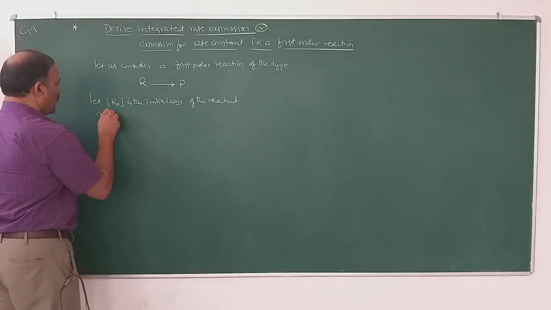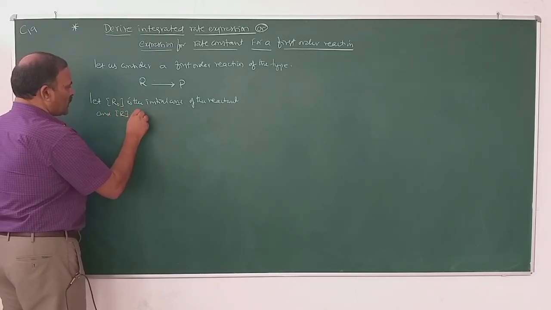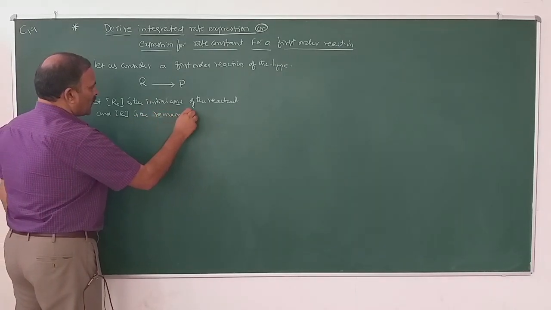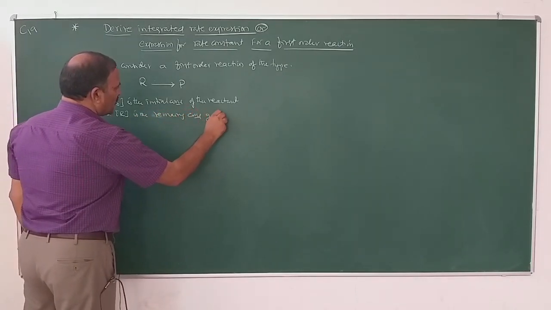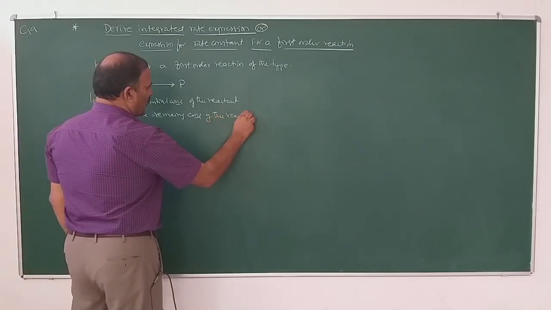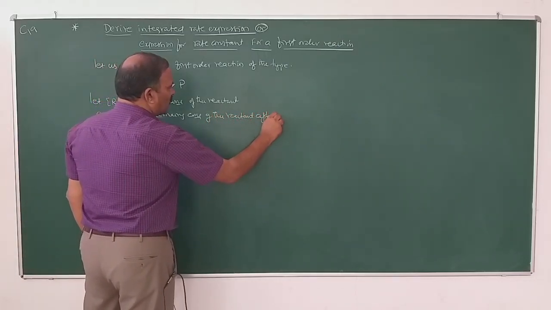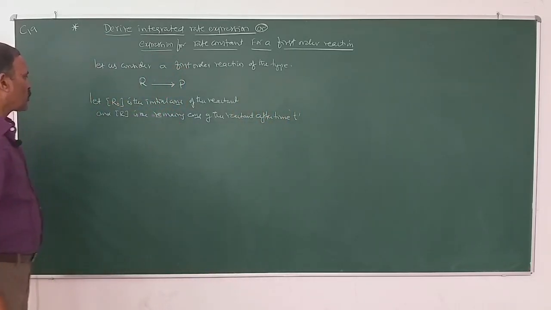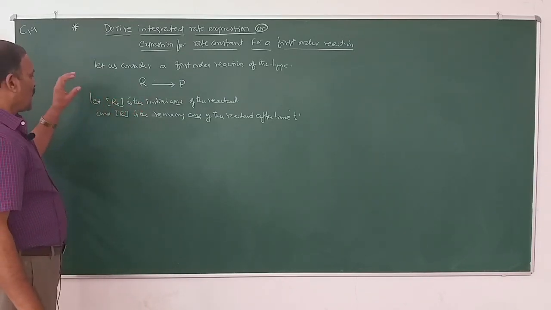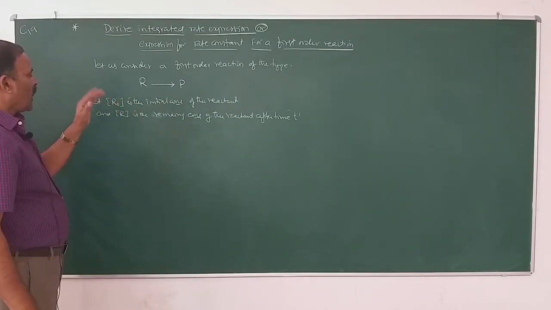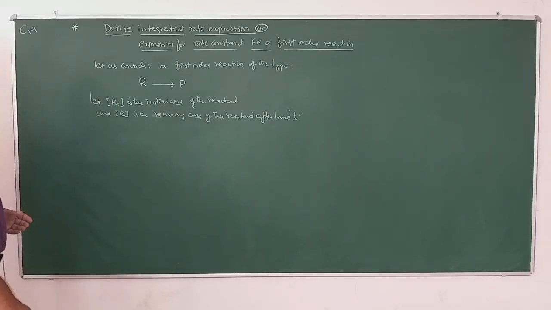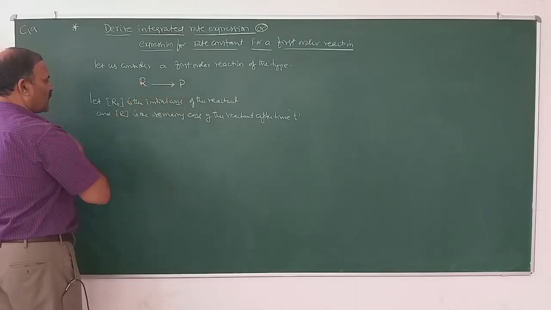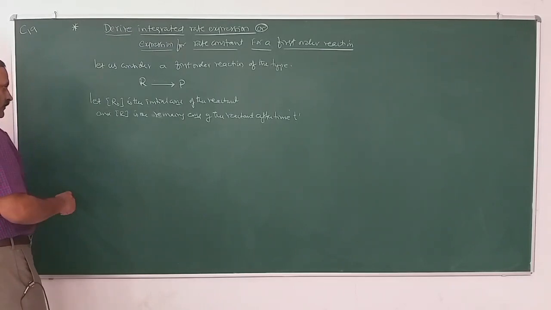And [R] in square bracket is the remaining concentration of the reactant after time t. So, to start with the concentration of the reactant is [R]0, and when the reaction proceeds, time goes on, at any time t, the remaining concentration of the reactant is [R].